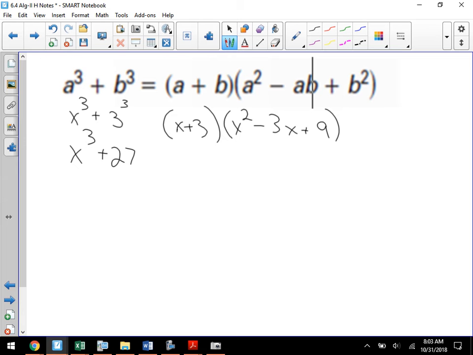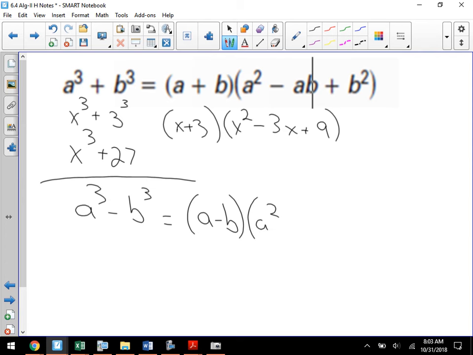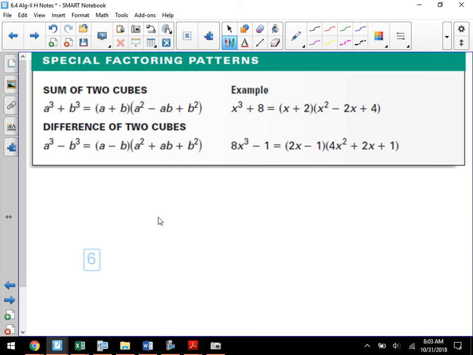What happens when it is a minus? You get minus plus plus.